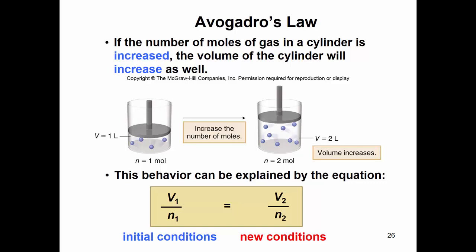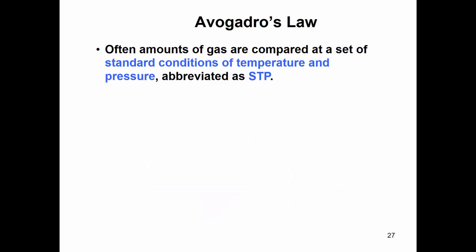But more importantly, Avogadro's law has another part to it. Okay, and before we discuss it, we need to understand what STP stands for: standard temperature and pressure. So often amounts of gases are compared at STP, meaning standard conditions.